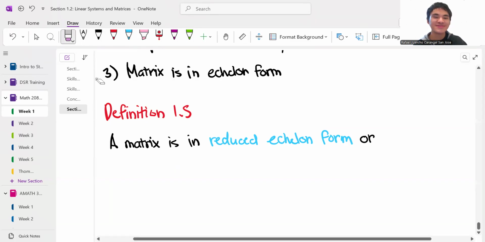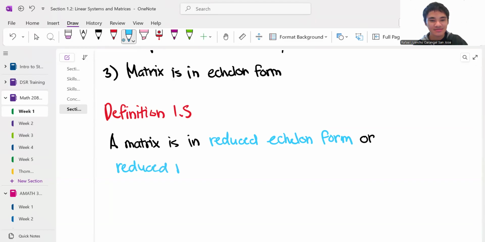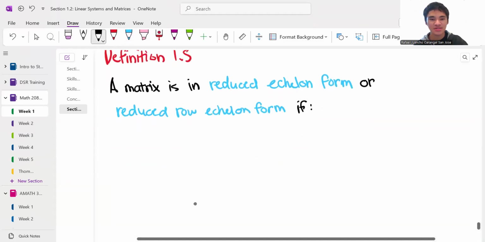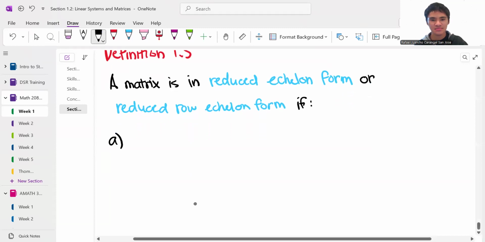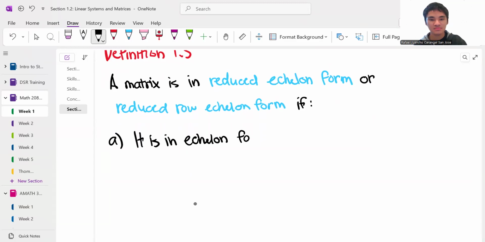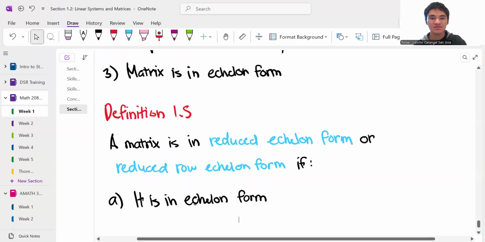It's reduced row echelon form. Here are the properties, and I think we've seen this, right? Well, for one, it is an echelon form. So that checks this out.